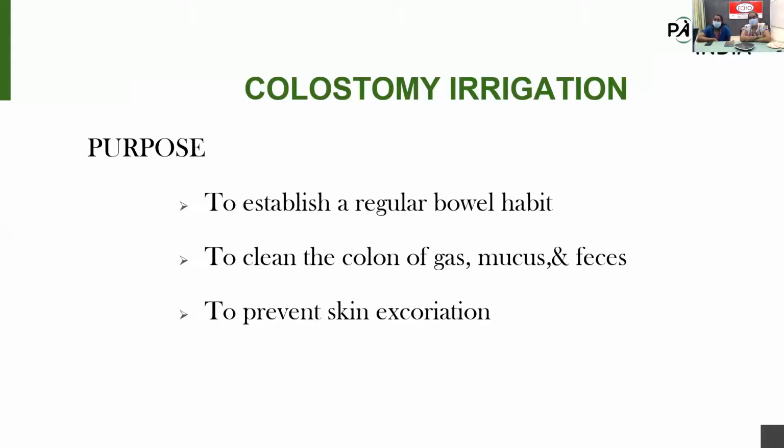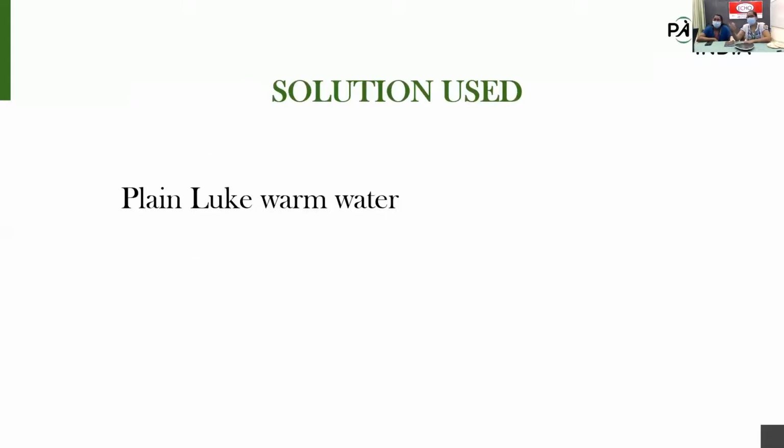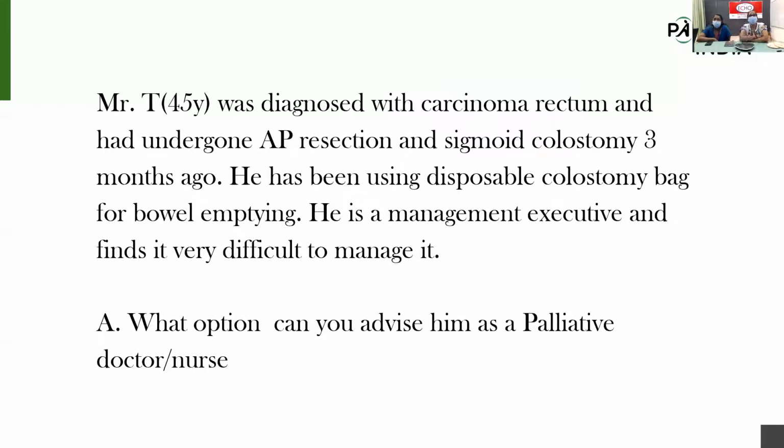For this patient, he is a person who goes to a job daily and he is a management executive. So for him, it will be very difficult to empty the colostomy bag in between. The best option for this kind of patient is colostomy irrigation. Next.